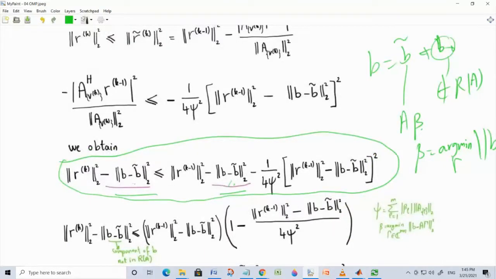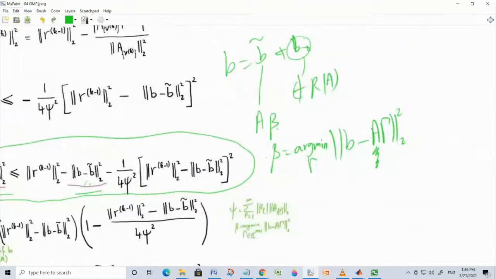You cannot go below this number when you do minimization. Do you agree? So the idea is that this b minus b tilde is the least possible residual using all columns of A.